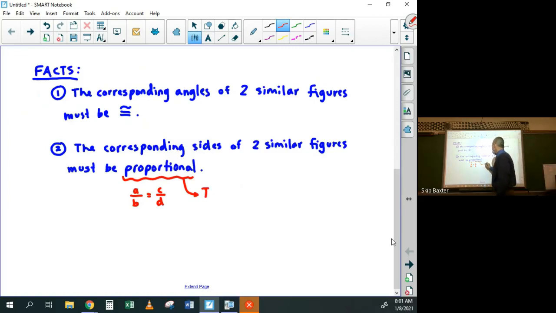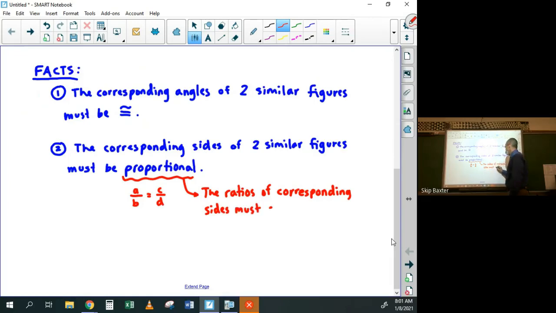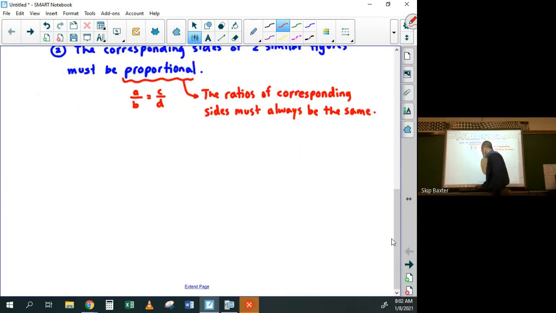So the ratios of corresponding sides must always be the same. Okay, that's what it means for side lengths to be proportional. Let me give you an example of what I mean by that.